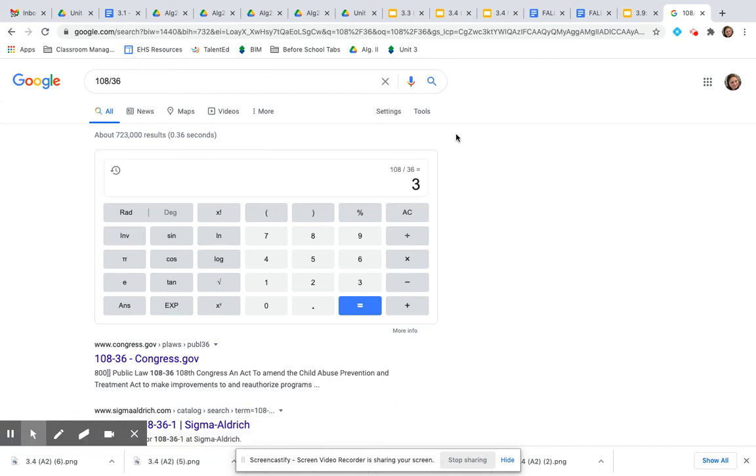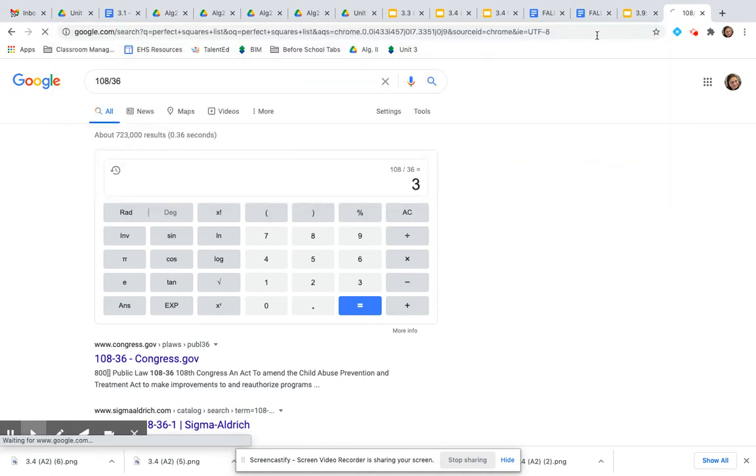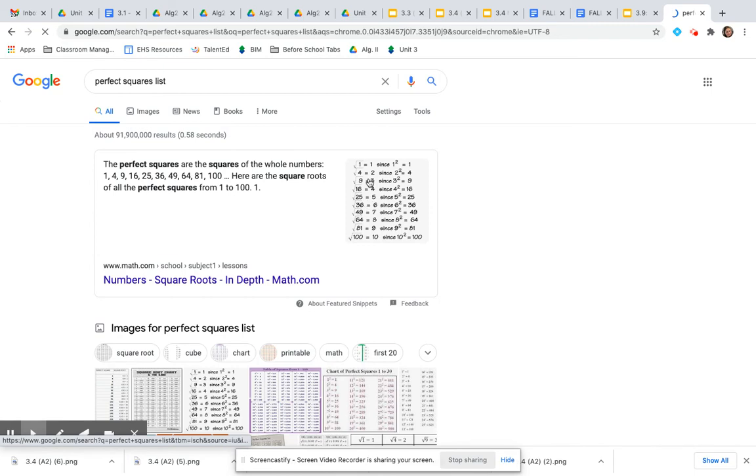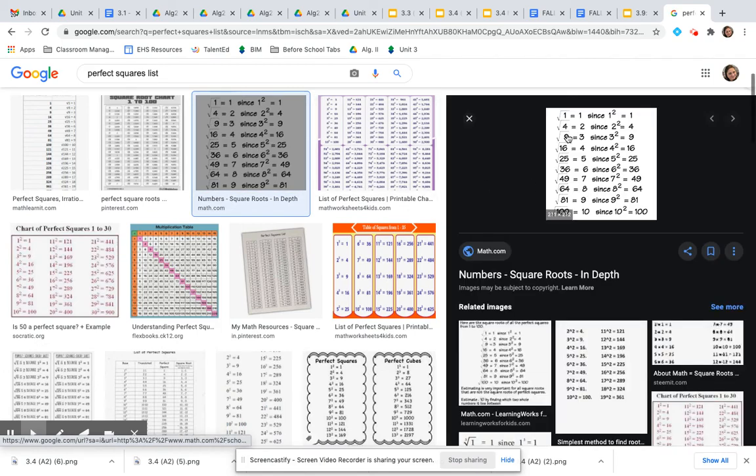So just try dividing by perfect squares. And if you're not sure, then just Google perfect squares list and use that. Images. This isn't a bad one because it's really easy to read. So 4, 9, 16, 25, 36, 49, 64, 81, etc.